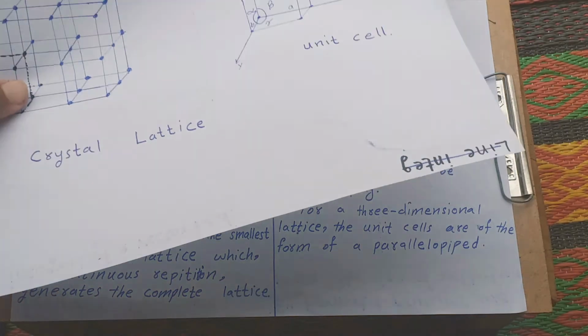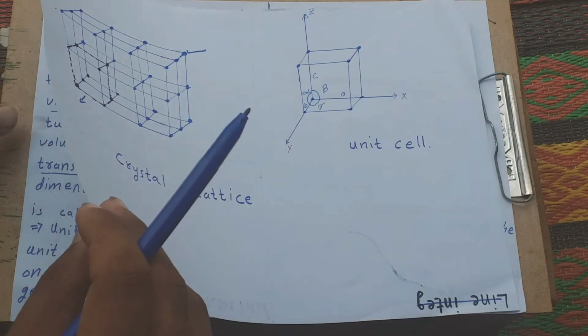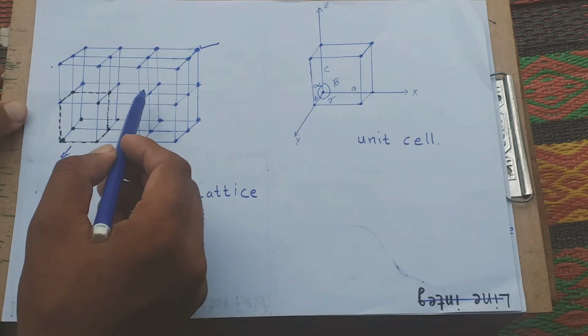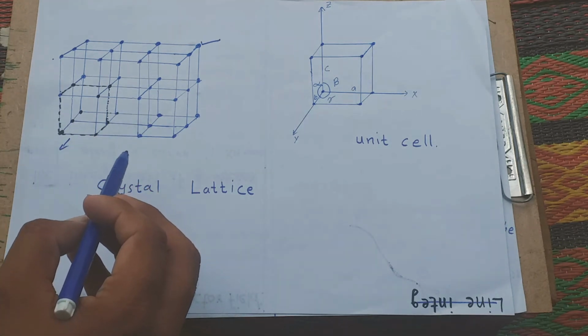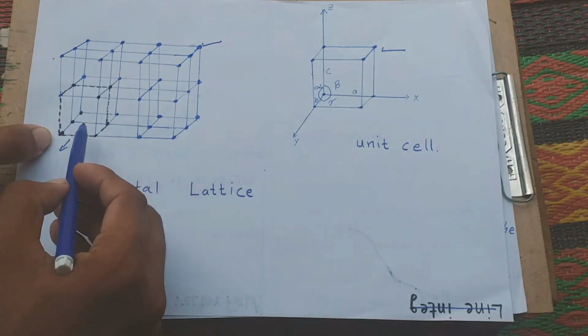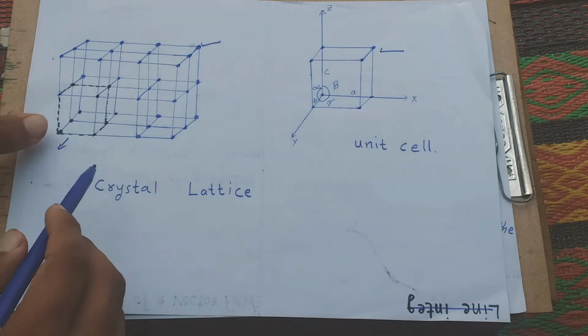We also discuss this structure, and we define the smallest unit. This unit is the smallest unit of the crystal lattice, and the repetition of unit cells is known as crystal lattice.